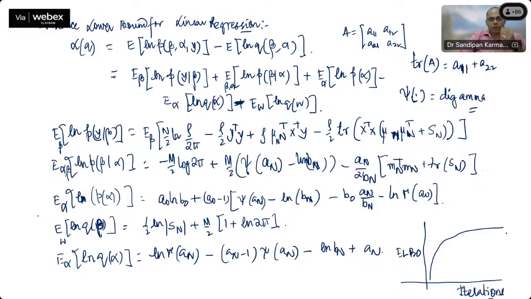If the ELBO is coming down or fluctuating too much, that means you are having some kind of problem in the inference. So set the initial values again and try to do it. Or you might be having some erroneous coding. That's why this is happening. Getting my point? In this way, ELBO will be useful on one side.